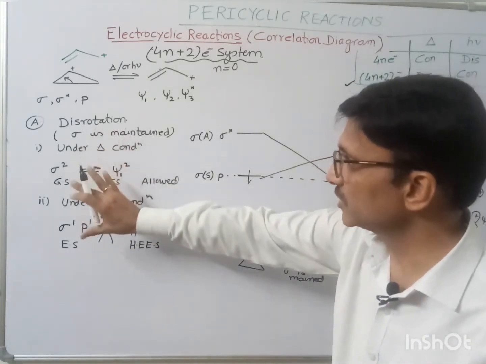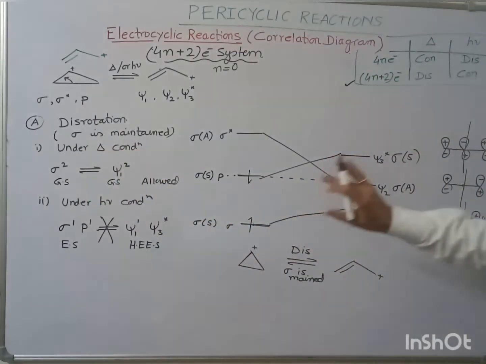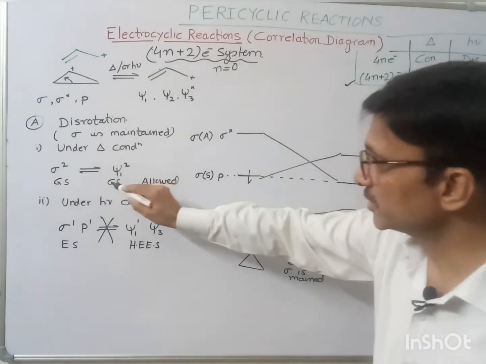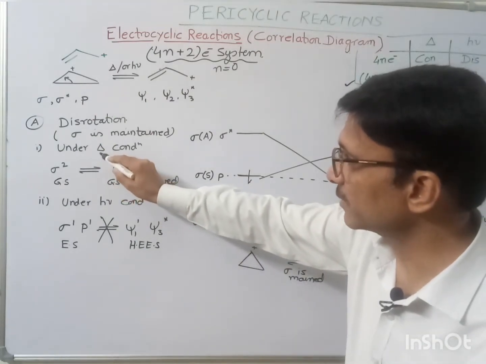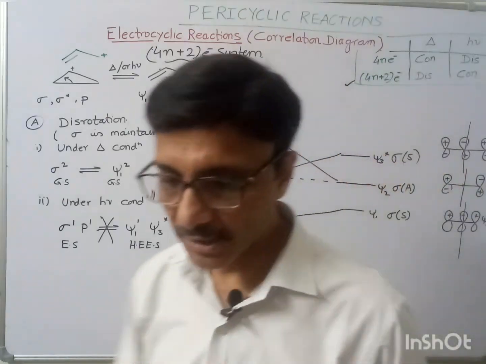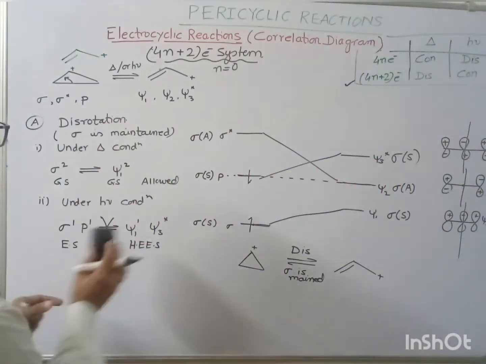So what we have seen is that disrotation can only take place under thermal conditions. So this we have proved. In the same way, when conrotation of orbital occurs, it occurs only under photochemical conditions. So let's see for photochemical condition.